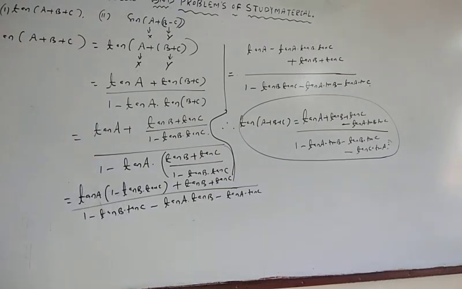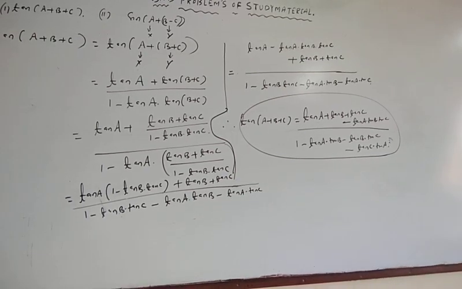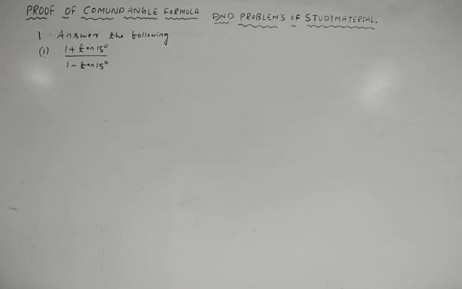So we do some problems of study material. Okay. So you can do the problems of study material till we will do some problems of study material. So first question, find the value of 1 plus tan 15 degree by 1 minus tan 15 degree.